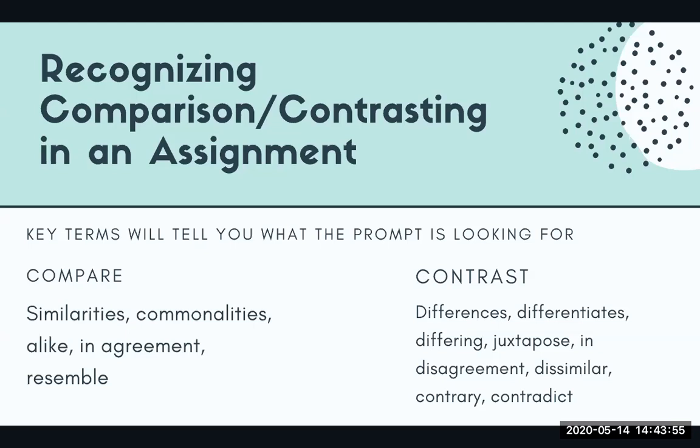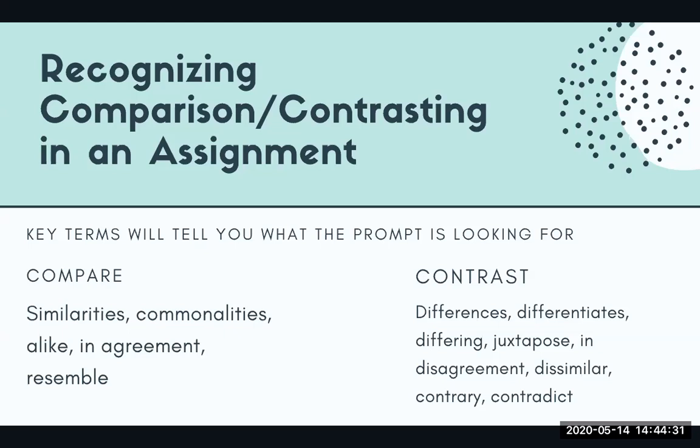How are their philosophies in agreement? How do they resemble one another? Whenever you see these kinds of words, and obviously this is not an all-encompassing list, there are more words that might indicate that your professor wants you to do a comparison, it means that your professor wants you to compare two items in your essay, so you want to make sure that you address that.